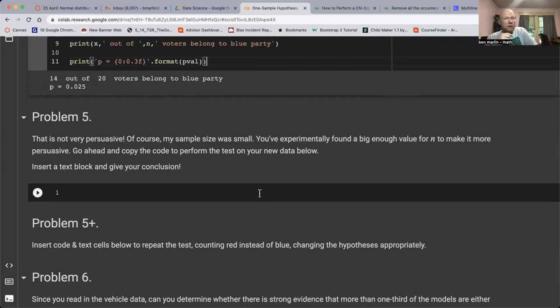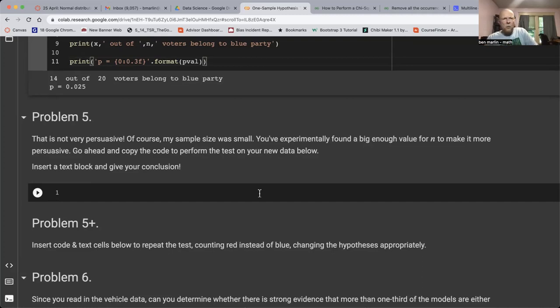You will have experimented to see what sample size consistently gave you numbers that were more than 50%.